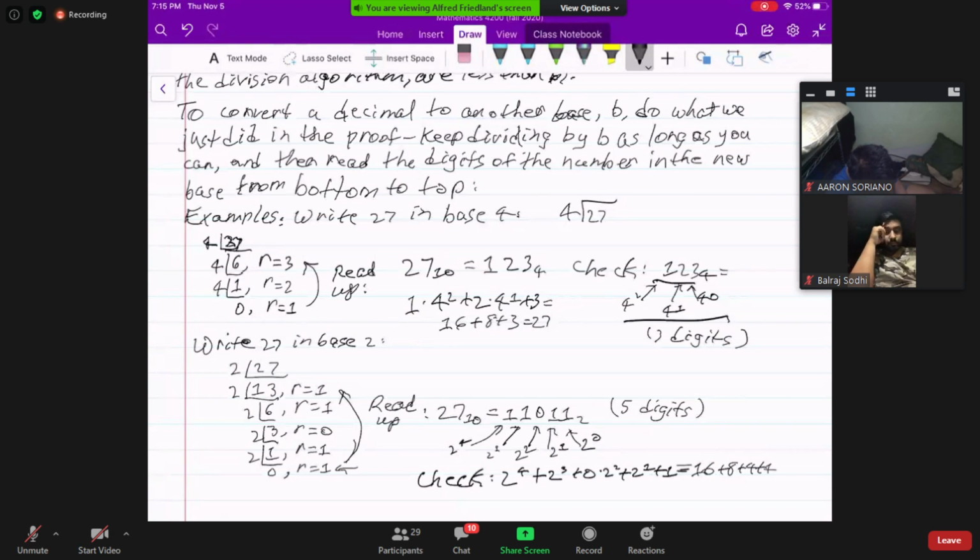Wait, 0 times 2 to the 2nd, so that's 16, plus 8, plus 0, plus 2 to the 1st is 2, plus 1. So it's 24, 25, 26, 27. Yeah, equals 27.